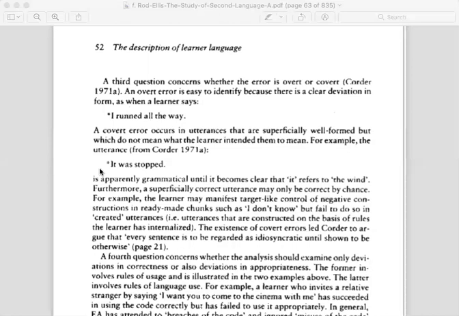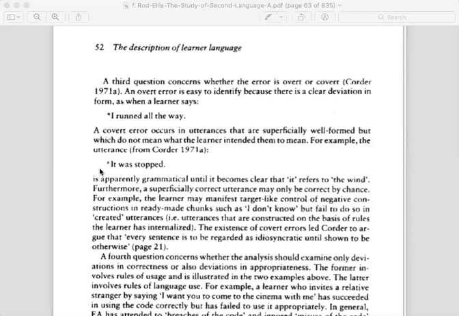Otherwise, "it was stopped," anything, you know, "the car was stopped," "the person was stopped." So superficially, that sounds correct when you listen to it or when you read it, but when you go further and find out what it refers to, then it happens to be a problem.